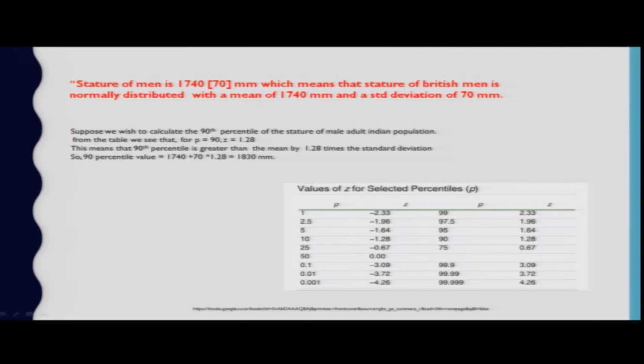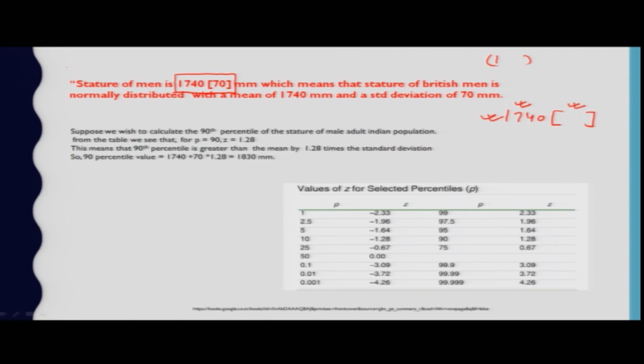Now, very often if you read any book and you find something written in this notation, like some number, let us say 1740, and in a bracket something is written, it means that the digit written outside the bracket indicates the mean of that particular user population or measurement, and in the bracket the standard deviation is mentioned.